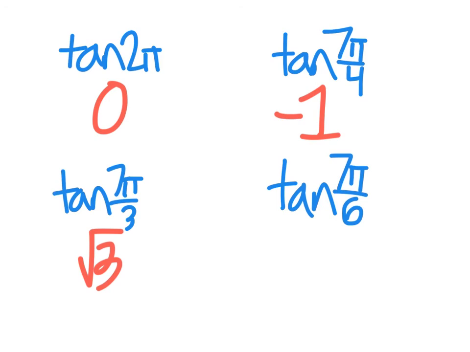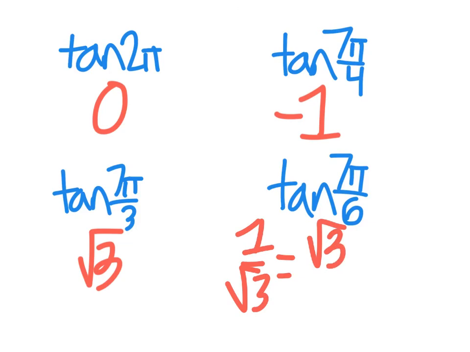So we do the negative 1/2, or the sine, over the negative square root 3 over 2, or the cosine. And we would get 1 over square root 3, because the negatives cancel out and the 2's cancel out. And we know that 1 over square root 3 can also be written as square root 3 over 3 if you multiply it on top and bottom by square root 3.